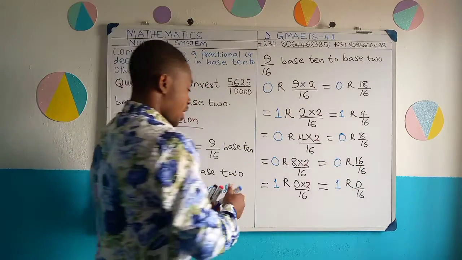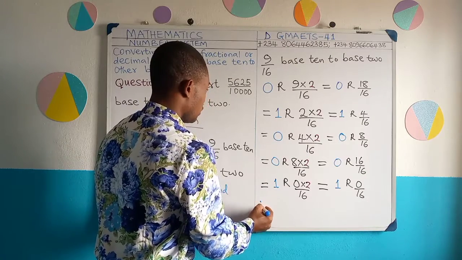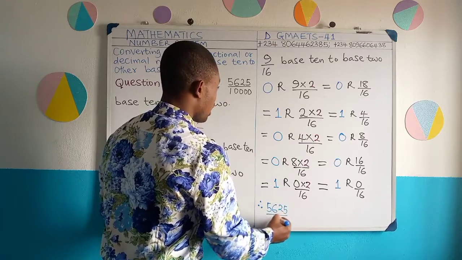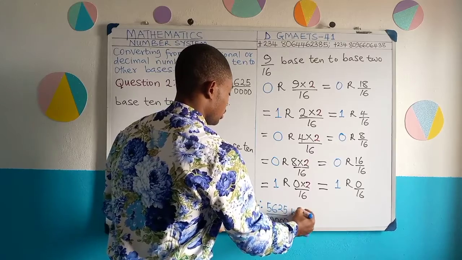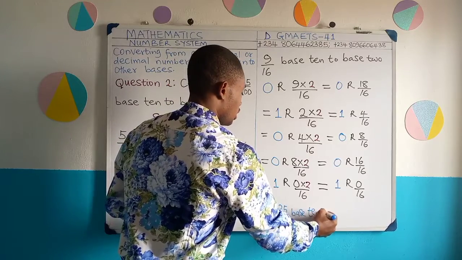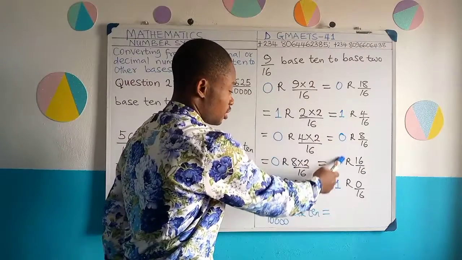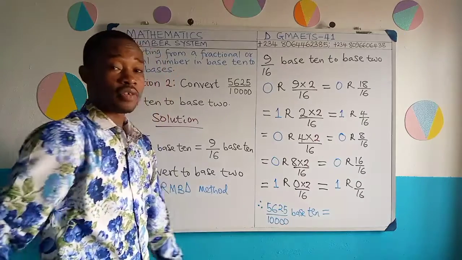We can now pick our answer. Therefore, 5625 divided by 10,000 base 10 is equal to, how do we now get our answer? See all these terms here, they form your answer. Or you come here, these blue numbers, they form your answer.